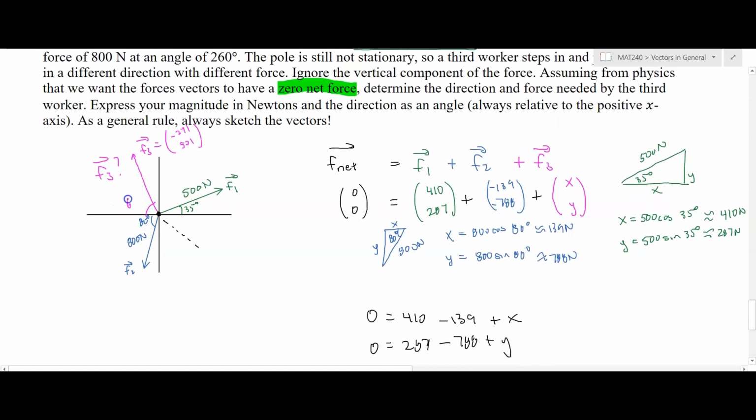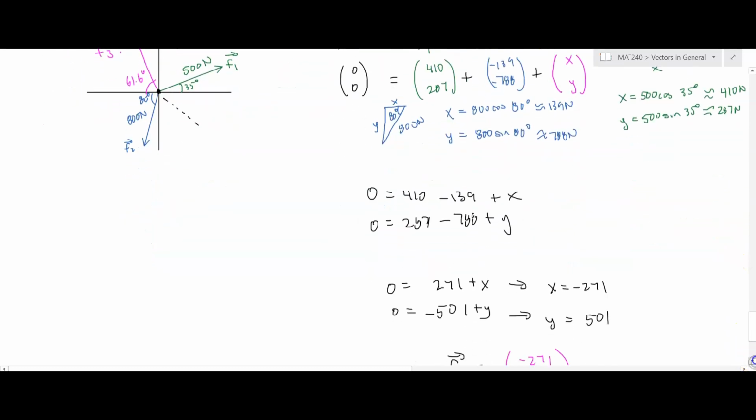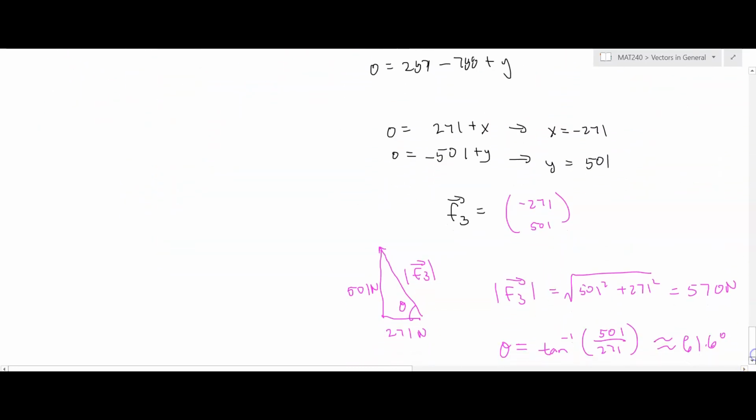This is 61.6 degrees. So if I wanted it from the positive x-axis, I'd have to realize that that's 180 degrees minus 61.6. That would be relative to the positive x-axis. So because it's saying always relative to the positive x-axis, we would take 180 degrees.